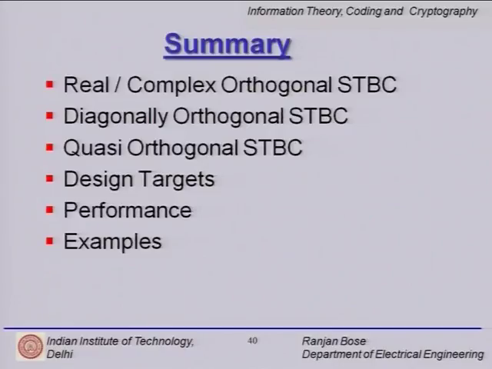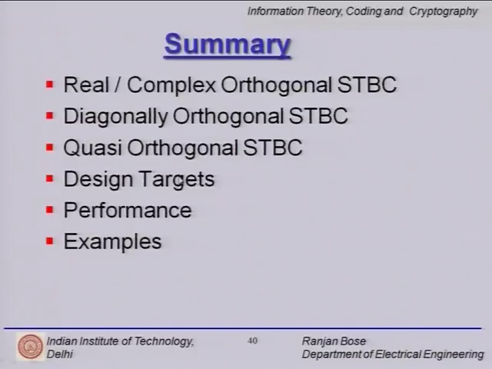Let us look at what we have studied today. We revisited real and complex orthogonal space-time block codes. We talked about generalized real orthogonal designs and generalized complex orthogonal designs. Then we talked about diagonally orthogonal space-time block codes, followed by relaxing the condition of single symbol decoding, and we went on to quasi orthogonal space-time block codes.